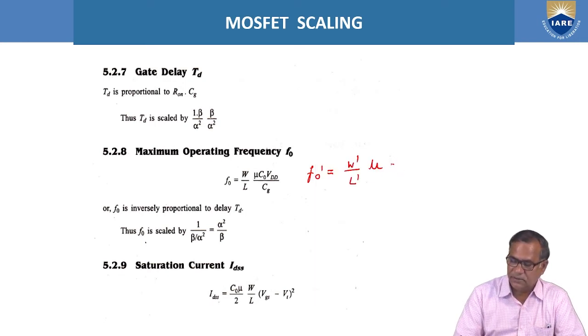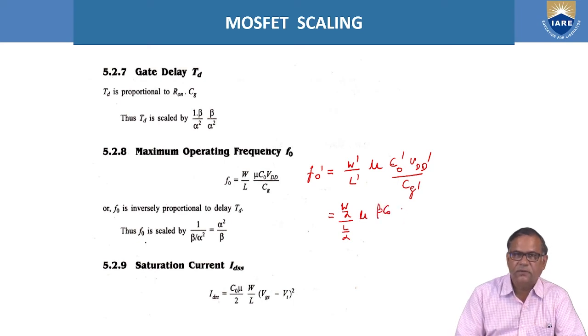So let me write C0 dash VDD dash by CG dash. So W becomes W by alpha, L becomes L by alpha, mu stays the same, C0 is beta C0, and VDD dash is VDD by beta, and CG dash is beta by alpha square CG.